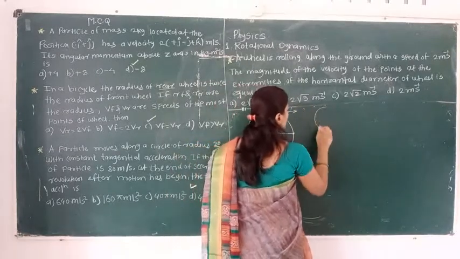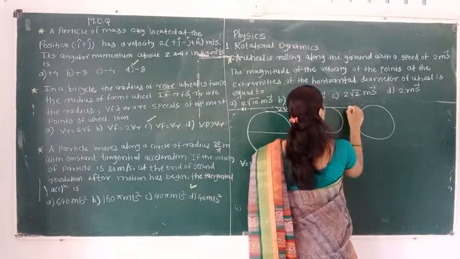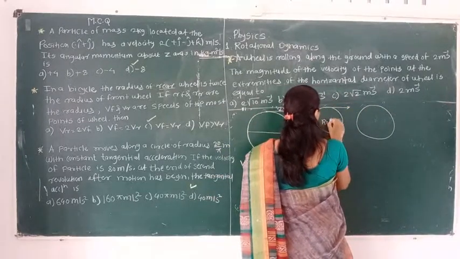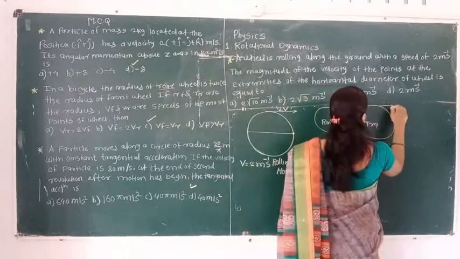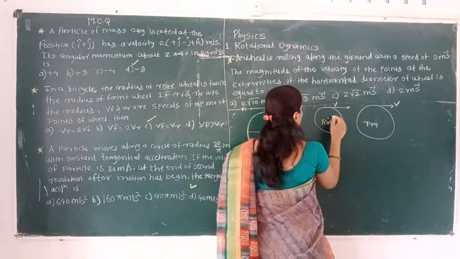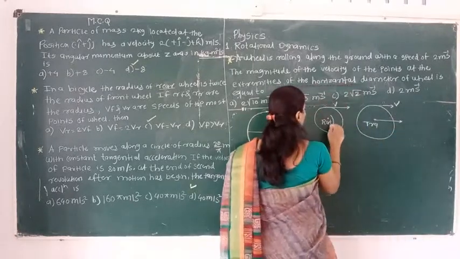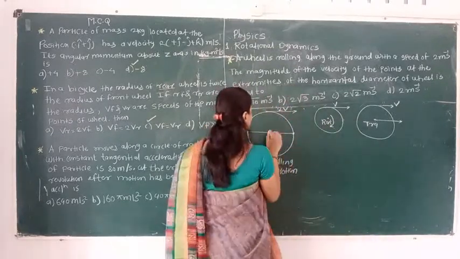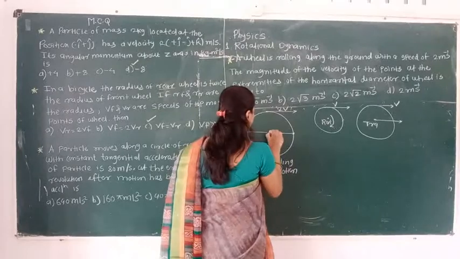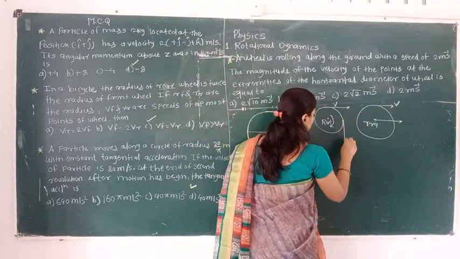Why? Because in rotatory motion and in translatory motion, here is velocity v, and here is also velocity v. In rotatory motion, relative to the center of mass, the direction of velocity changes.